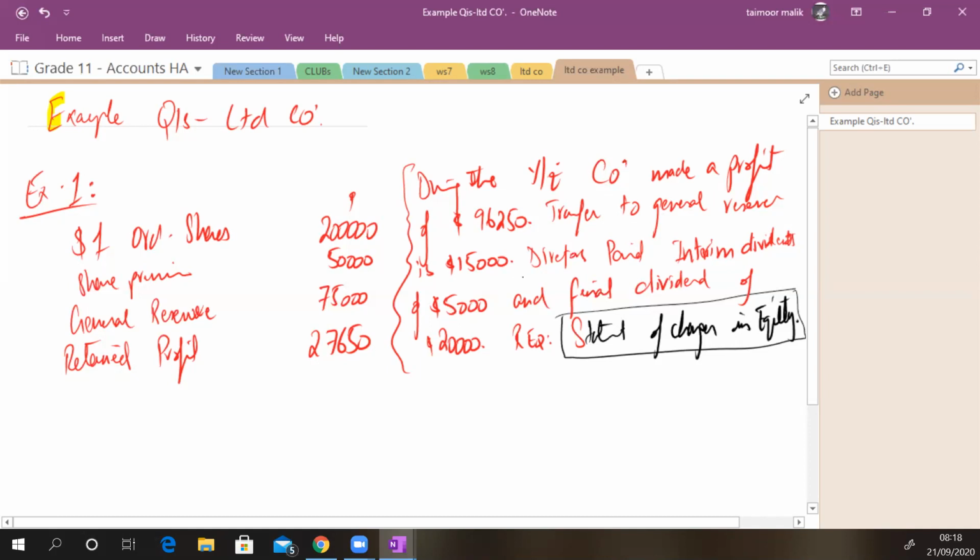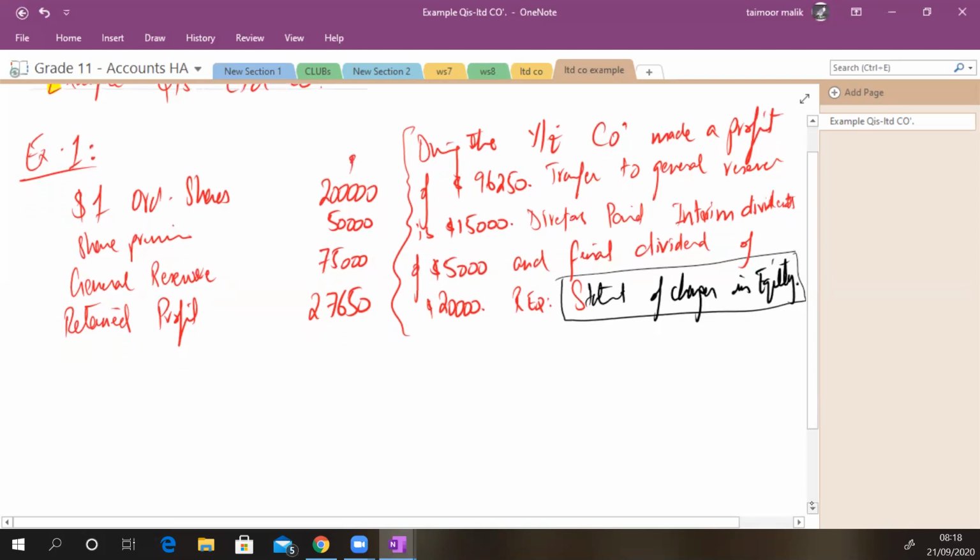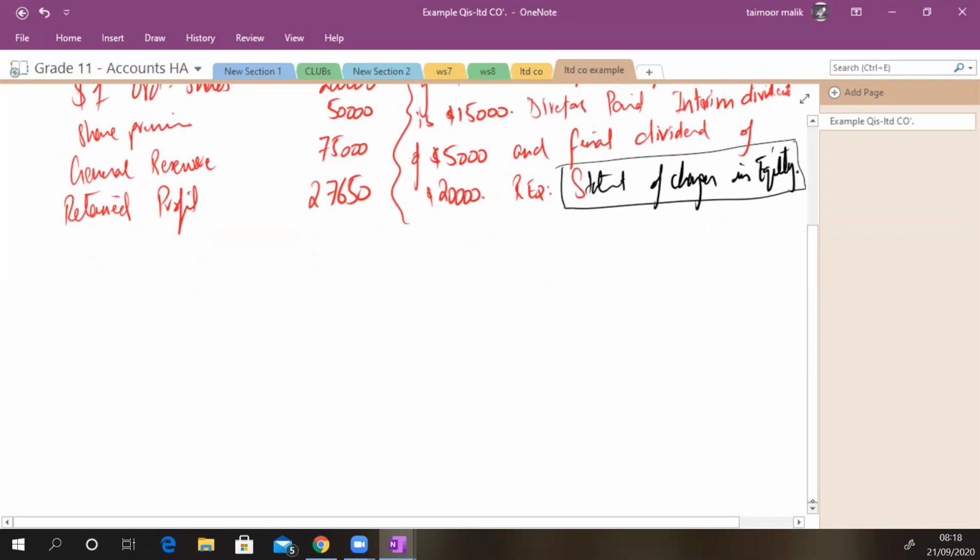Transfer to general reserve is 15,000. Directors paid interim dividend of 5,000 and the final dividend of 12,000. You have to prepare the statement of changes in equity. How do you make a statement of changes in equity?